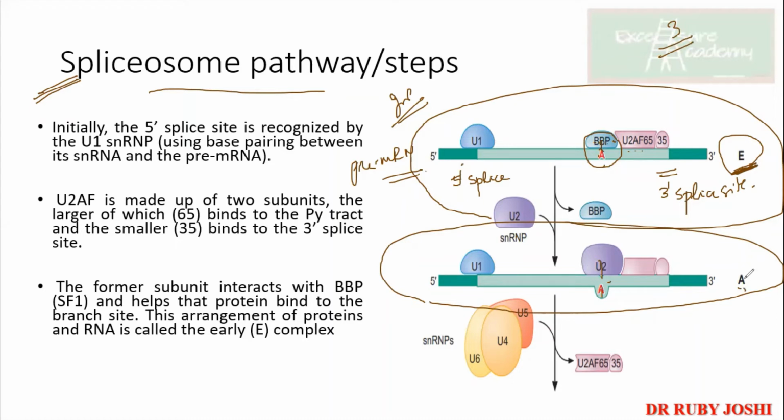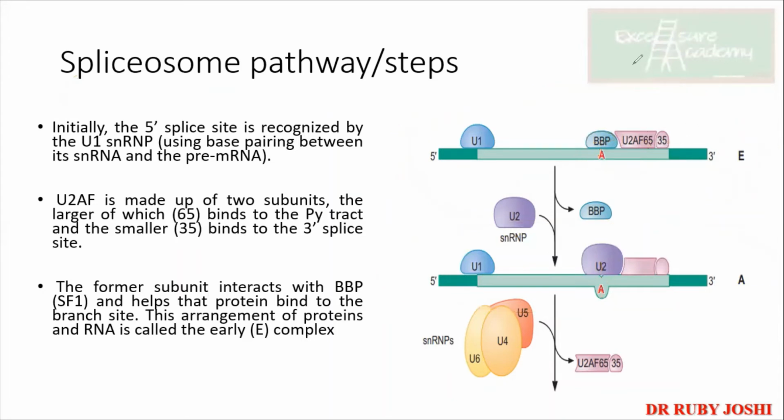Yes, ma'am. Okay. Now I should mention here also that U2AF35 is the one that will bind the 3' splice site, and U2AF65 is the one that will bind the BBP. This is also important because they do ask what the arrangement of the U2AF is. Don't worry, we'll summarize also.